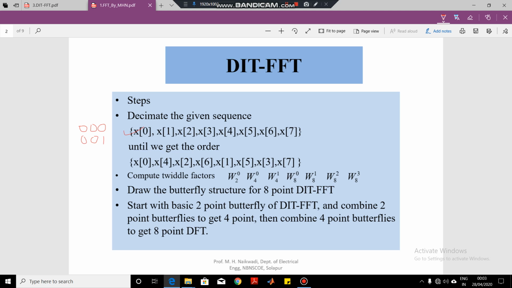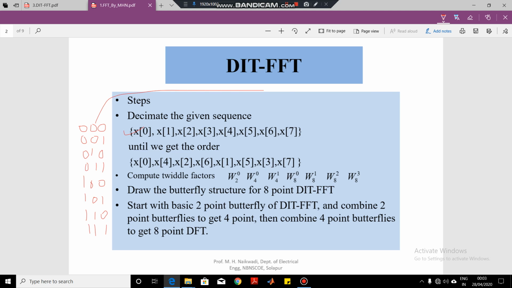The binary representation of 2 is 0 1 0. Then 3 is 0 1 1. Then we have 1 0 0, 1 0 1, 1 1 0, and 1 1 1. So these are the 8 samples that we represent in 3-bit binary.